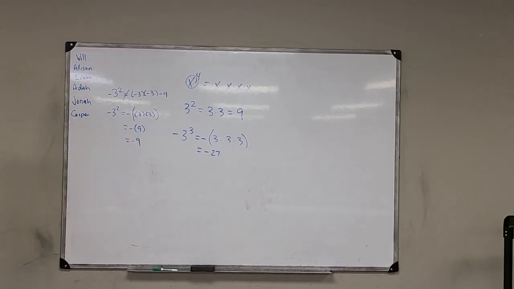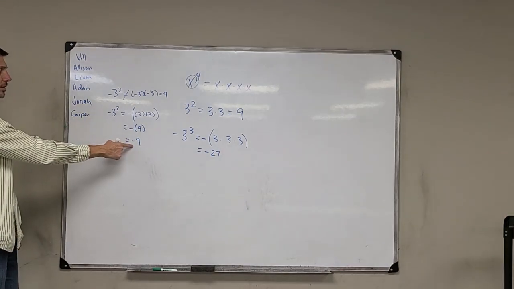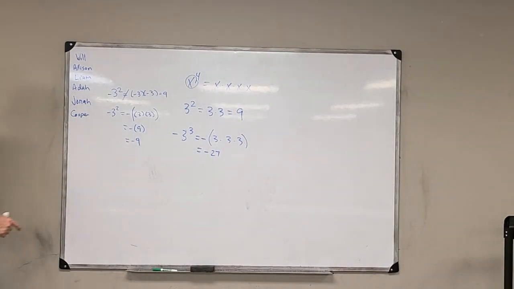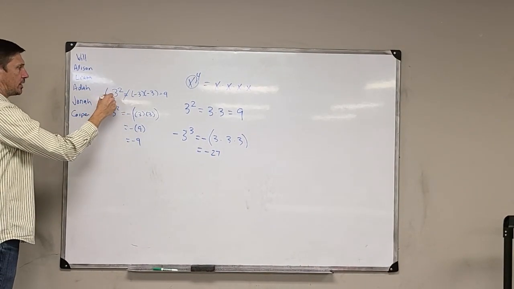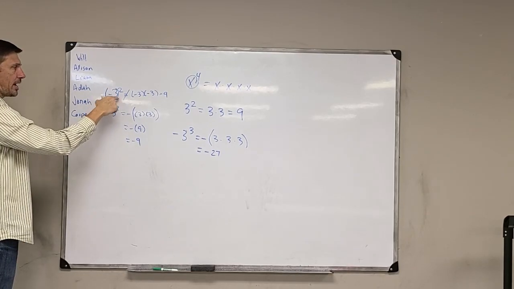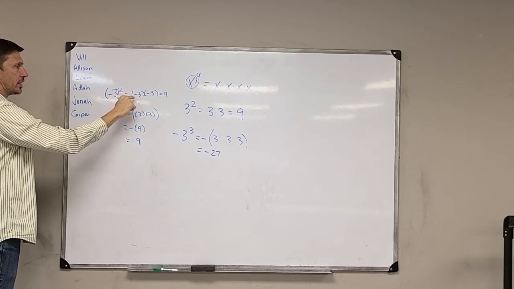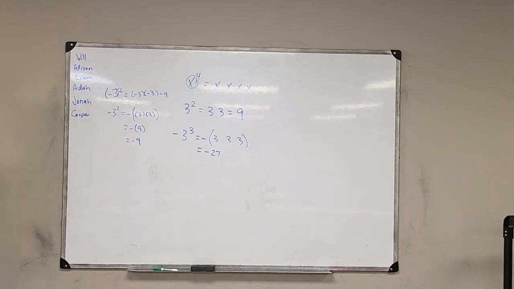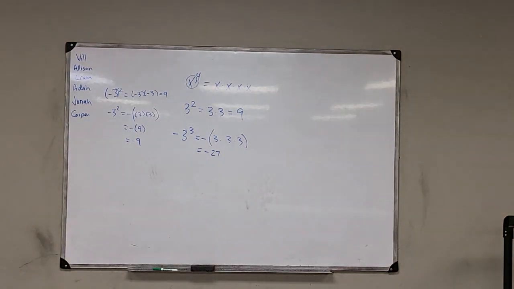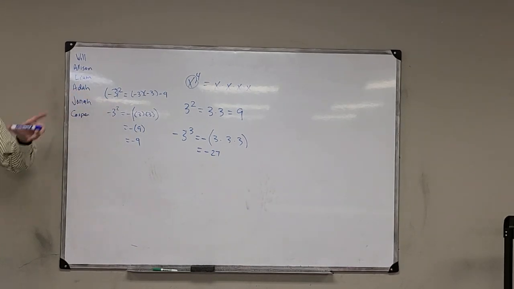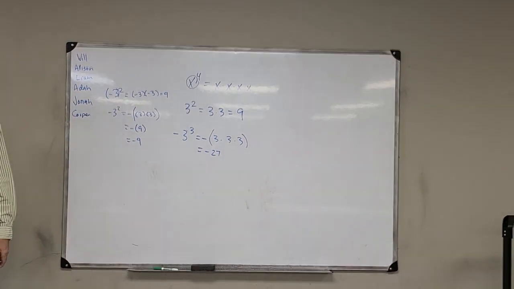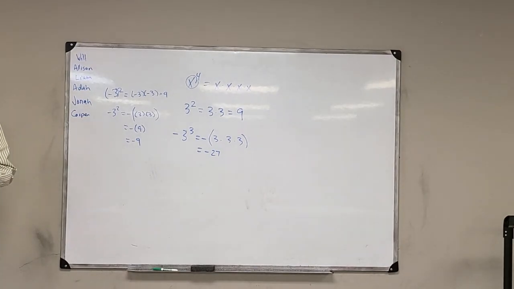So -3 squared, when written this way, would actually equal -9. In order for this to equal +9, you'd have to put parentheses around the -3. The power only refers to what's directly to the left of it, and in this case, since what's directly to the left is the parentheses, it's everything in the parentheses. Does that make sense?